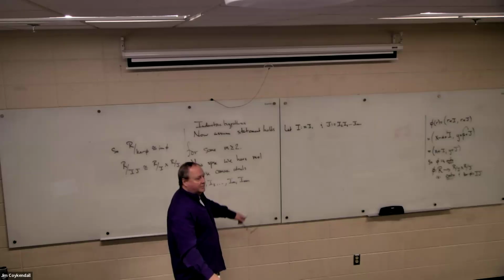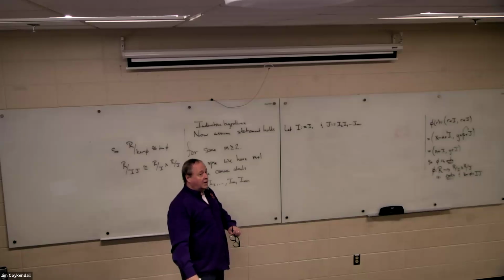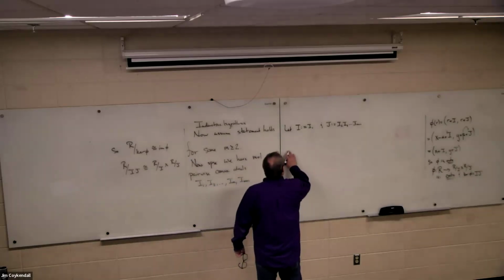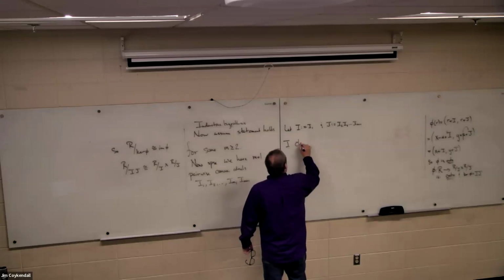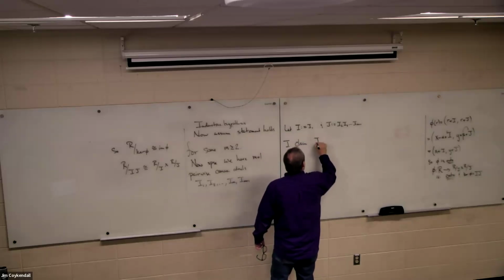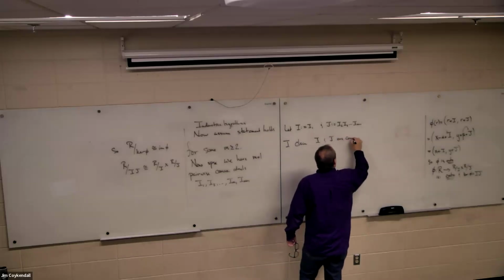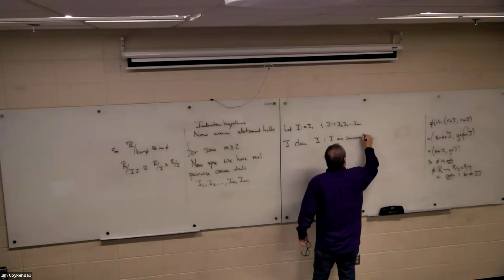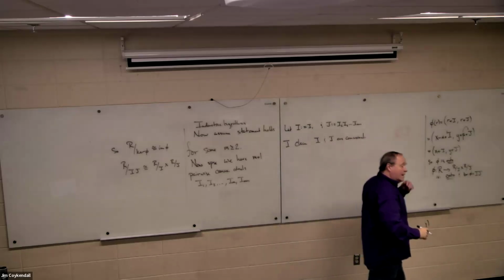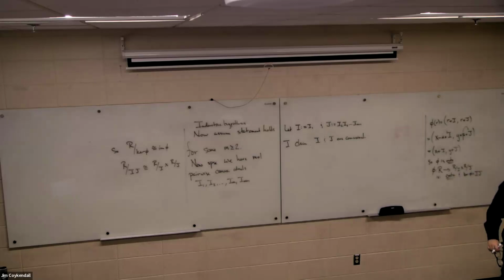I'm going to take the product of the rest of them. Now I've got 2 ideals. First question, are they comaximal? I1 is comaximal to each part of that, I2, I3, etc. But is it comaximal as a product?